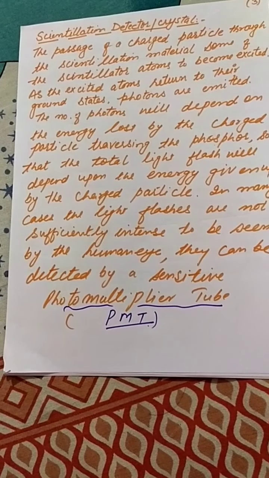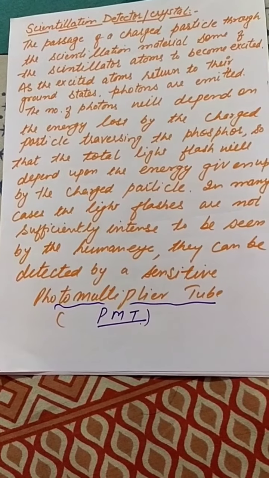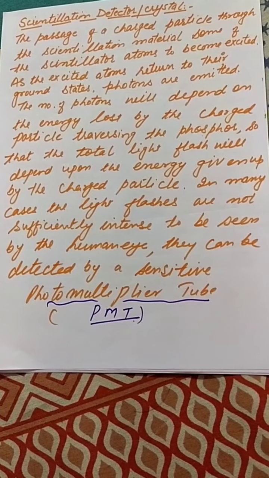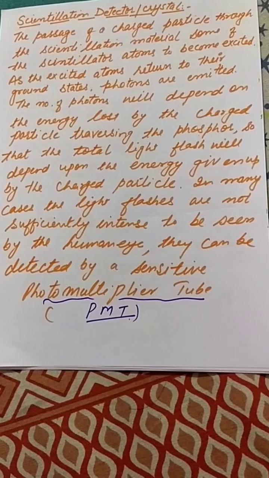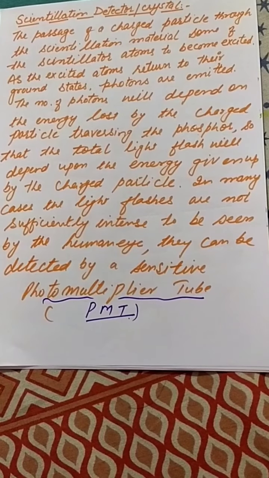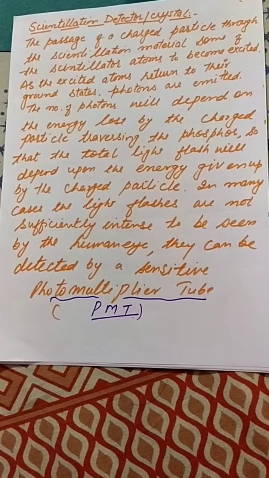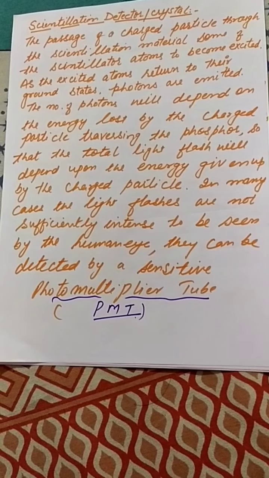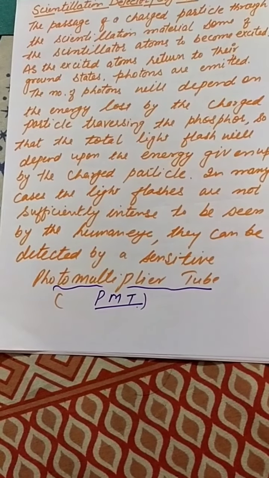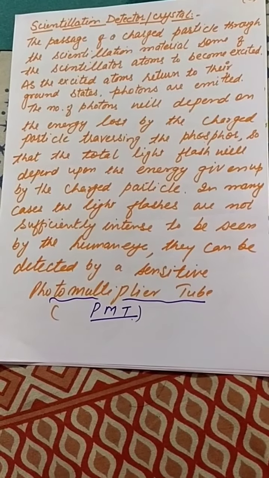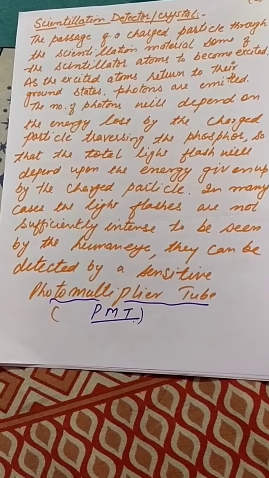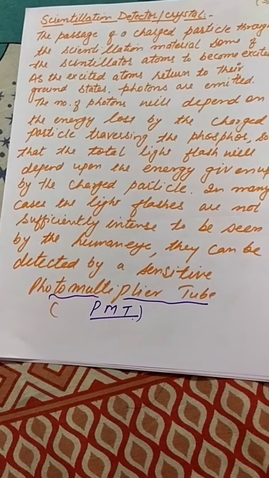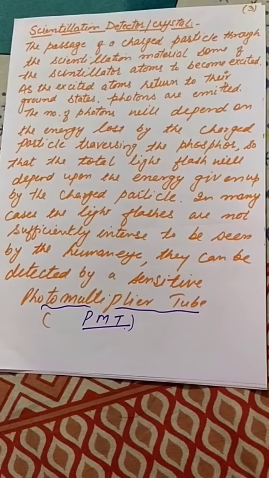So the total light flash will depend upon the energy given up by the charged particle. In many cases, the light flashes are not sufficiently intense to be seen by the human eye. They can be detected by a sensitive photomultiplier tube.